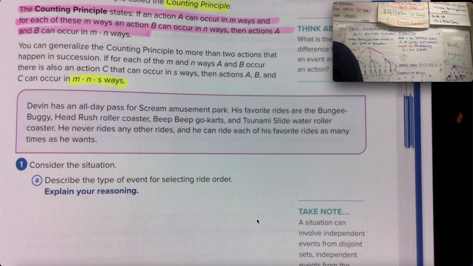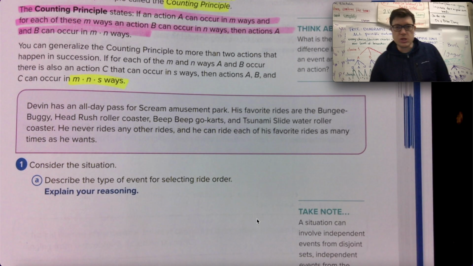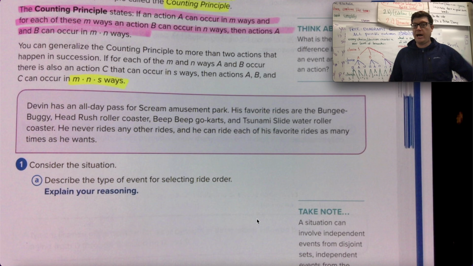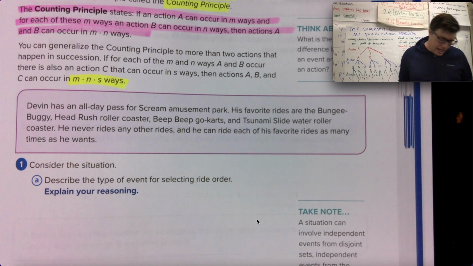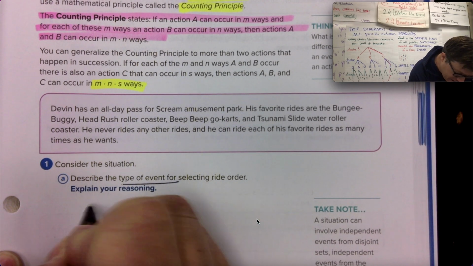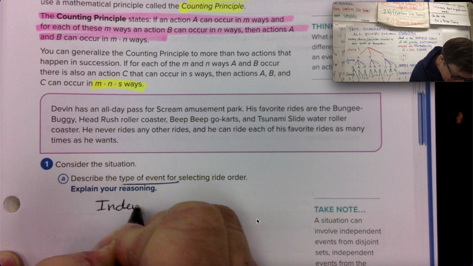As I think about it, these are independent. Just because you rode Bungee Buggy doesn't mean that you're going to have to then go to Head Rush. Maybe you come back and the line is short for Bungee Buggy, so you get back on it again. Therefore, what type of event? These are independent events.